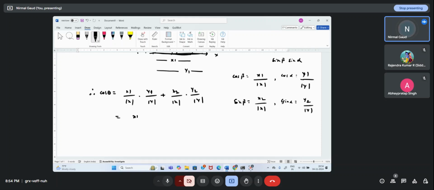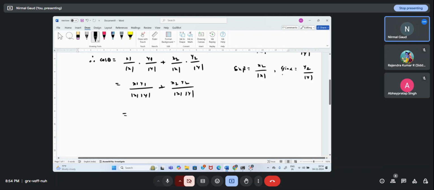Now that will be x1 y1 upon mod of x mod of y plus x2 y2 upon mod of x mod of y. The denominator is the same. Therefore, it will be one upon mod of x mod of y times x1 y1 plus x2 y2. And that is equal to your cos theta.